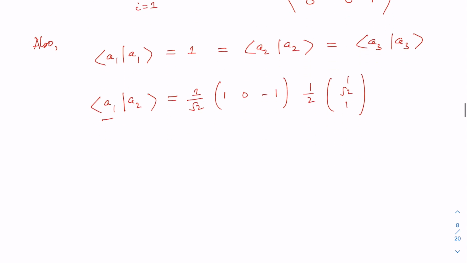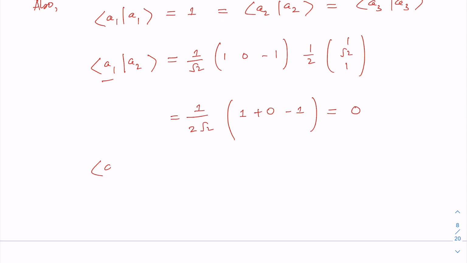If I do the maths here, you will get 2 root 2, and you will get it as 1. Then you have here 0 minus 1. So clearly you see, you will get it as 0.